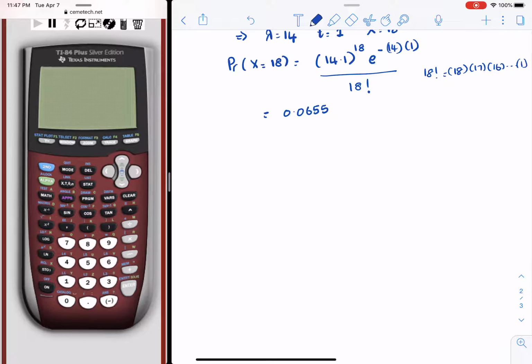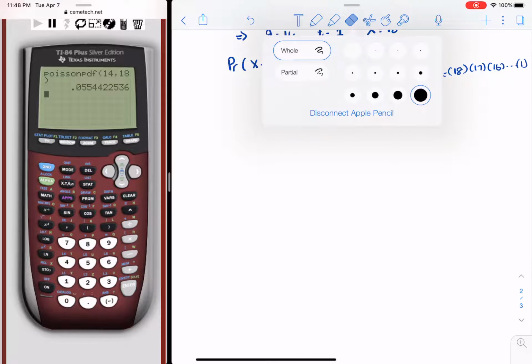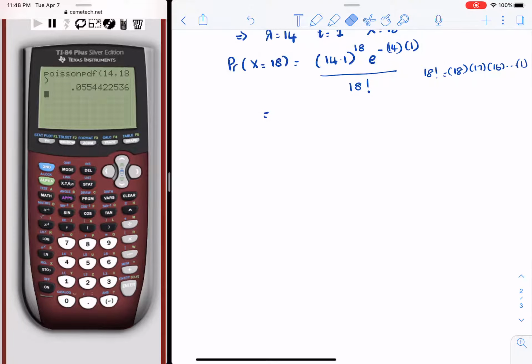So it is actually (14, 18). So that ends up being 0.0554.